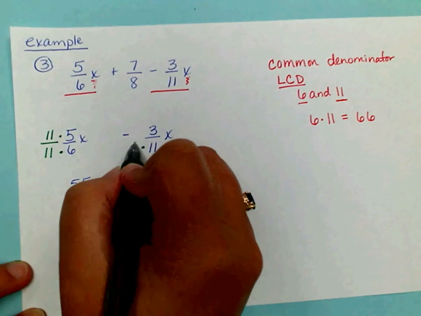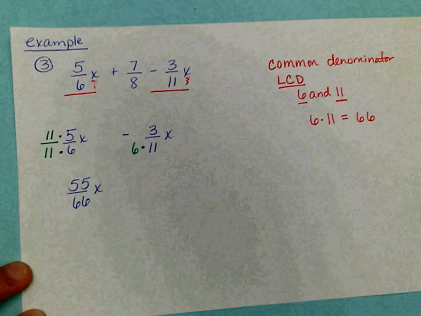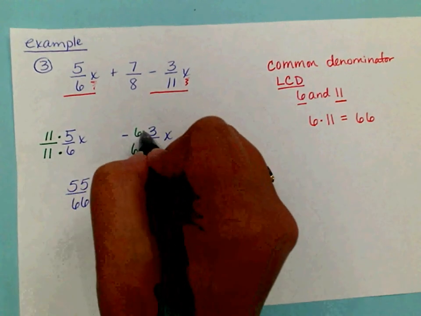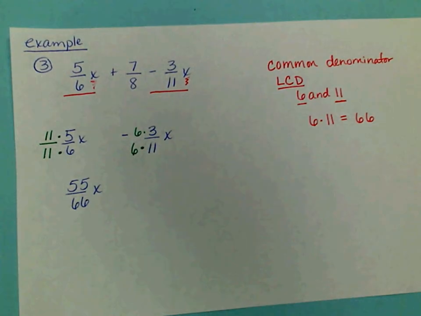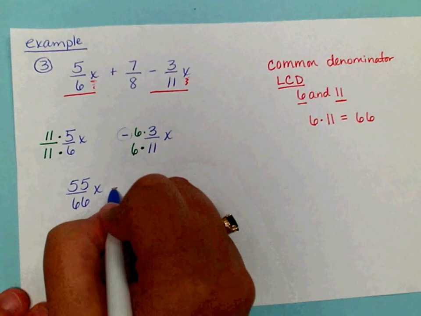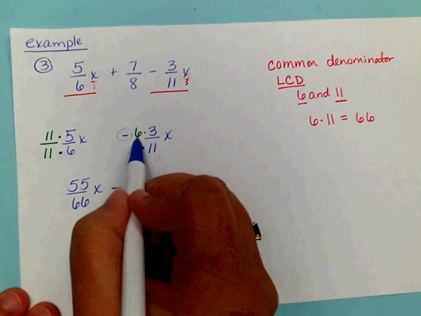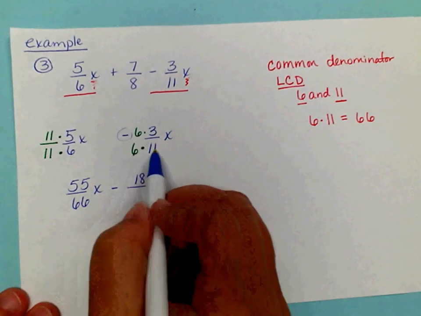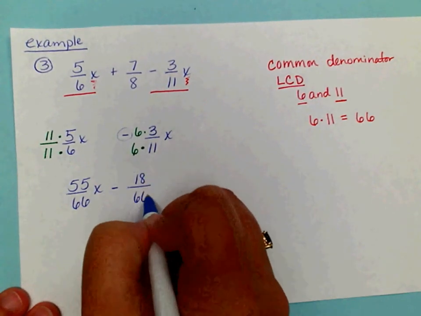That also means in the numerator, that 3, we have to multiply that by 6 as well. And notice what happens. Bring down our minus sign, because that's not going to change. In the numerator, 6 times 3 is 18. 6 times 11 in the denominator is 66. And then bring down our variable of x.